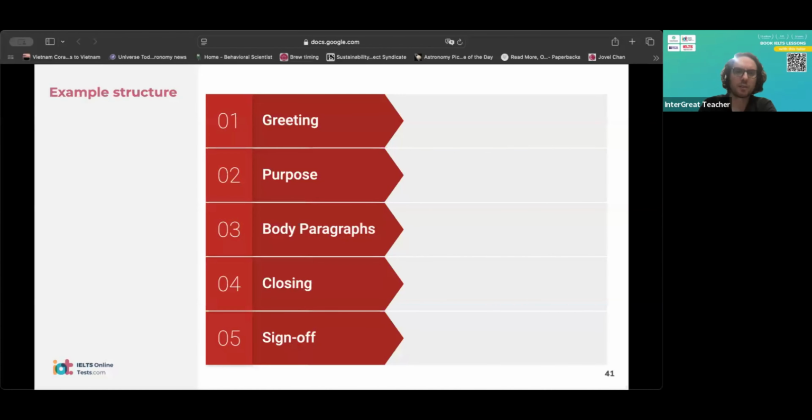We also have some body paragraphs that we like to introduce on both IELTS tasks. We will need to include more details. This is typically how people write any piece of information. With the letter, they will also ask for you to include a closing statement to round off everything you've said.